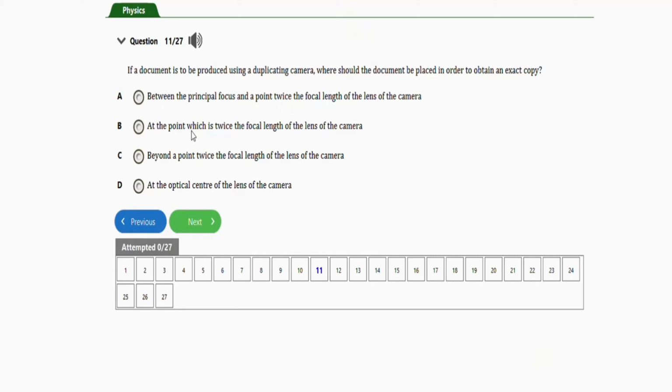We have at the point which is twice the focal length of the lens of a camera, beyond a point twice the focal length of the lens of the camera, at the optical center of the lens of the camera. So the correct option in this question is option C, which is beyond a point twice the focal length of the lens of the camera.